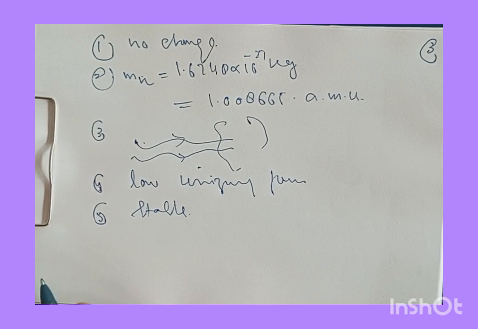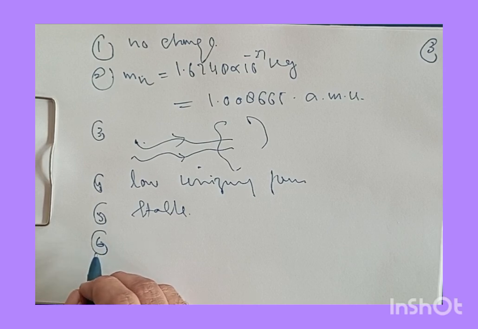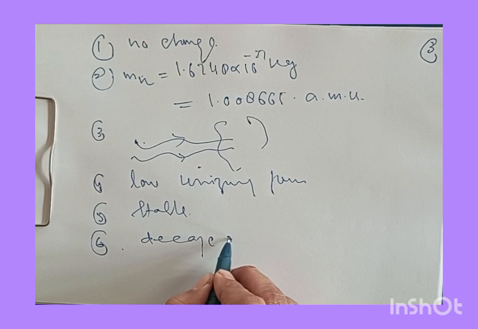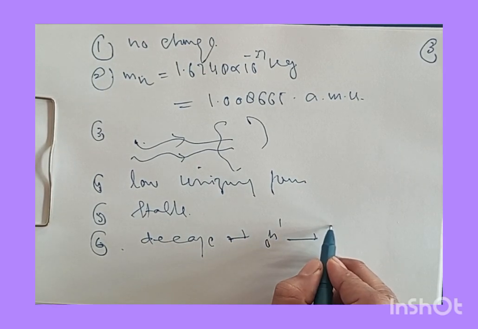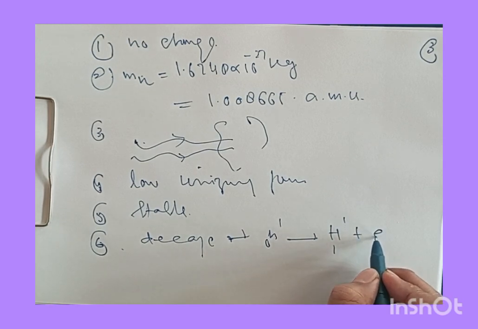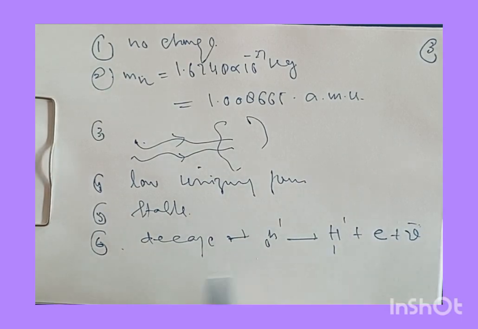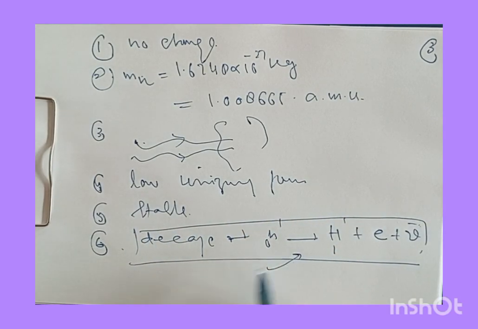When this neutron is unstable, what happens is that it decays. If I have a neutron, it can decay into a proton, an electron and an anti-neutrino. So this is how the reaction takes place for a neutron.